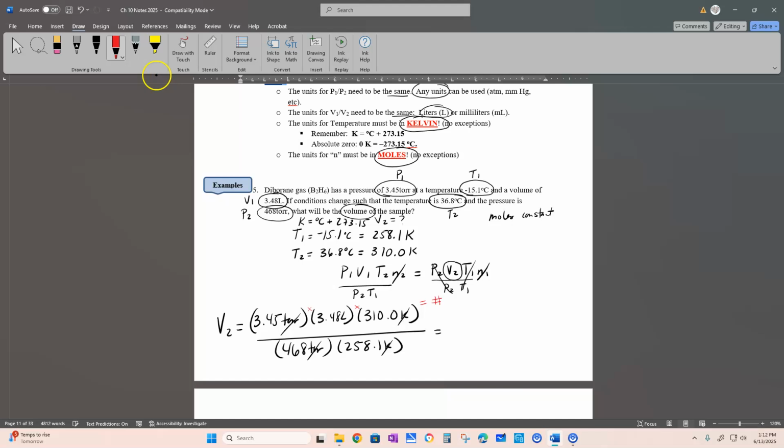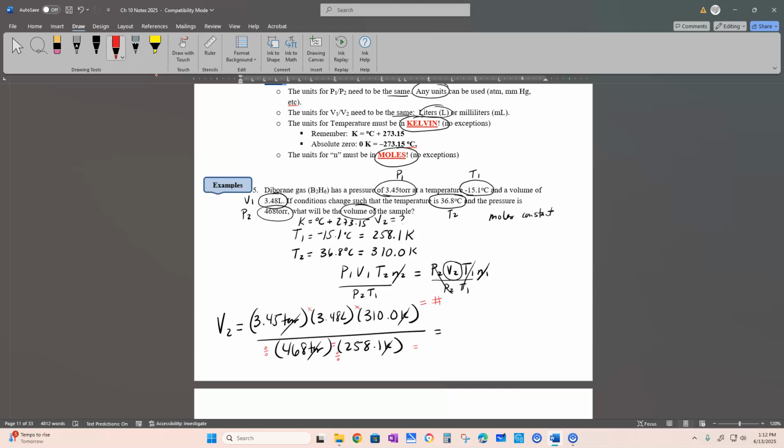Don't worry about rounding or sig figs yet. Then you're going to hit the divide button because 468 is in the denominator. Hit the equal sign again, and then hit divide, and then 258. Hit that equal sign. Now that you have that final answer, that's when we care about sig figs and rounding. It looks like I'm going to need 3 sig figs. So plug it in with me together.